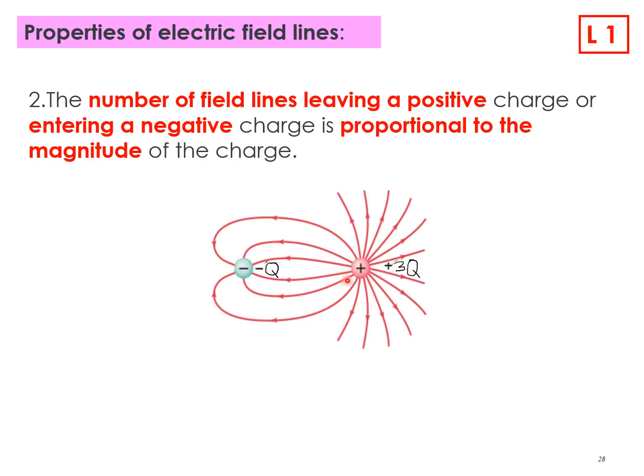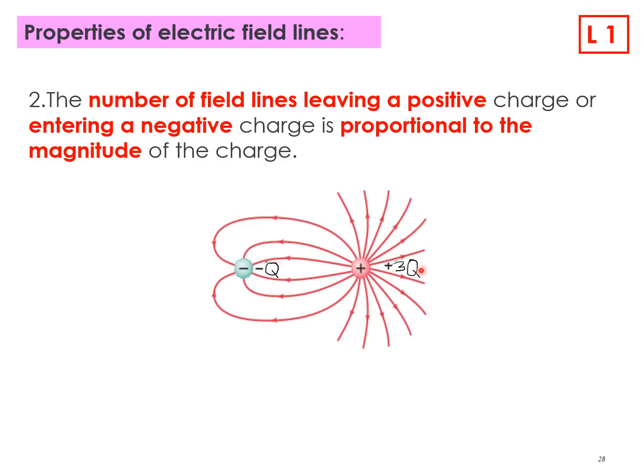So here, the electric field lines leaving the positive charge are greater in number compared to the electric field lines entering the negative charge, due to the magnitude.